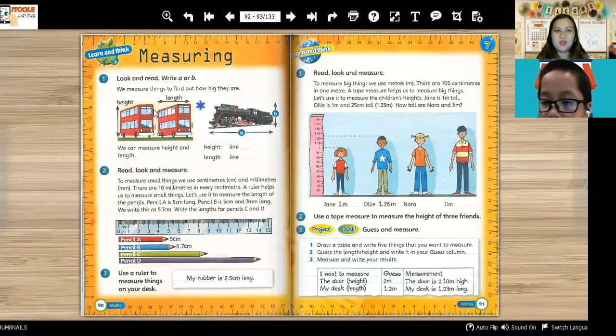Rice and meat. Rice and meat. Okay, that's good. And are you ready for our lesson tonight? Yes. Okay, very good. So, do you have your ruler ready now? Yeah, I'm ready.